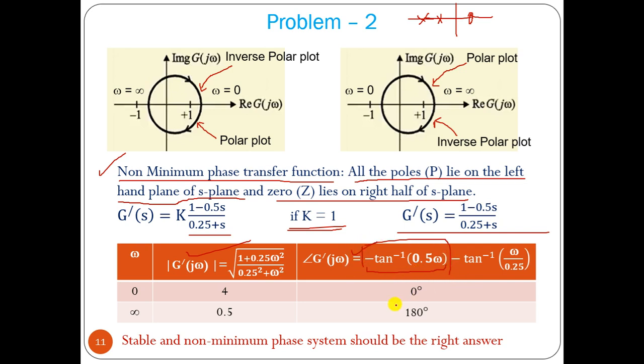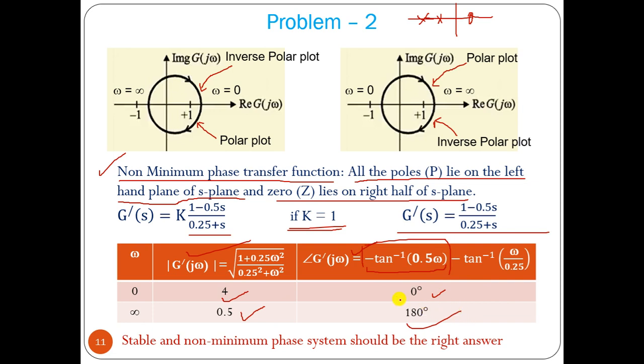This is the important point. Now if we put omega equal to 0 here, this factor will be 4, and the angle will be 0 degree. If we put omega equal to infinity here, the magnitude is 0.5, and the angle becomes minus 180 degree.